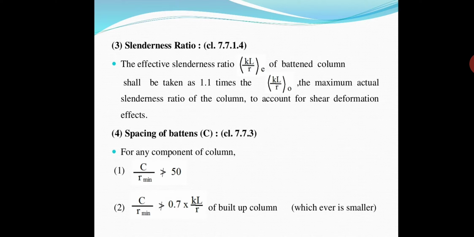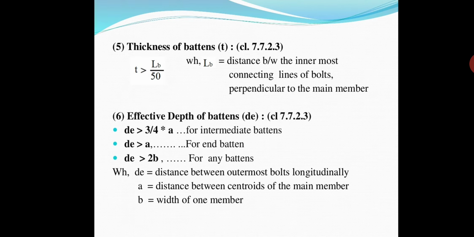Second, C/r minimum not greater than 0.7 times KL/r for the built-up column. Note that for a built-up column, KL/r should be calculated about the ZZ axis because it is the major axis of that built-up column. Of these two criteria, whichever is smaller, take that value as C.